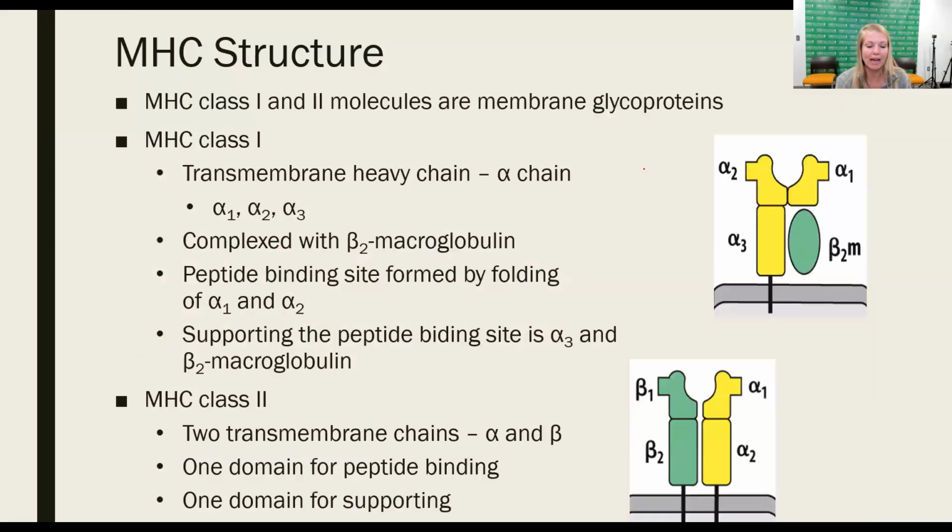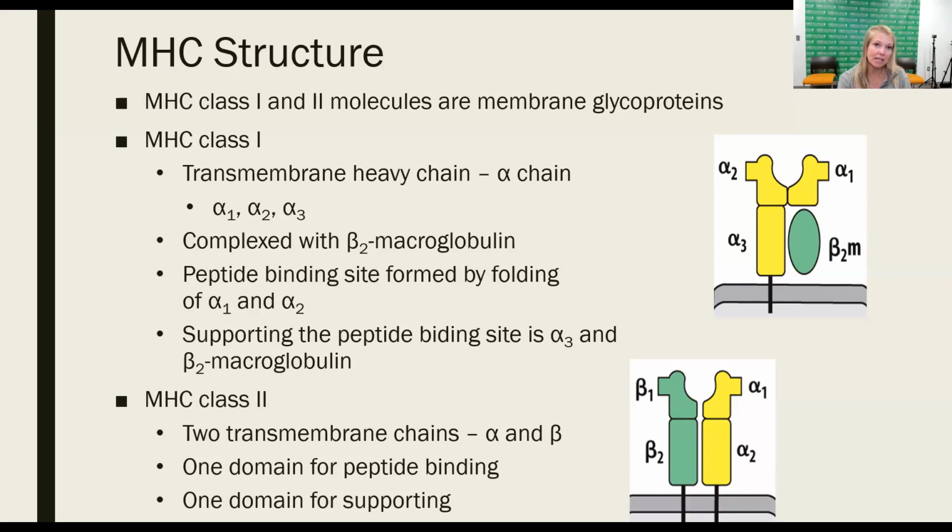Let's go back to our MHC molecules. The structure, I don't care so much that you know the structure of MHC 1 and 2 molecules. They are glycoproteins. We're going to see MHC class 1 on a lot of different cells. It's made up of 3 separate chains as well as beta-2 microglobulin. MHC class 2 is going to be made up of 2 chains, alpha and beta chains that are joined together.